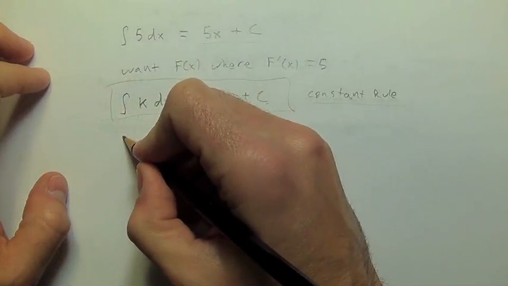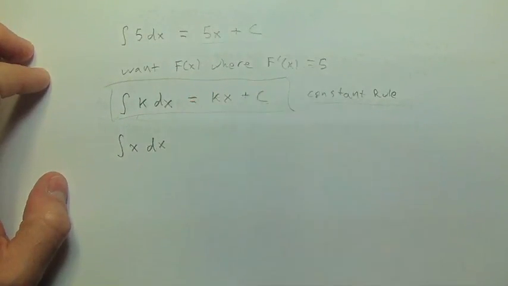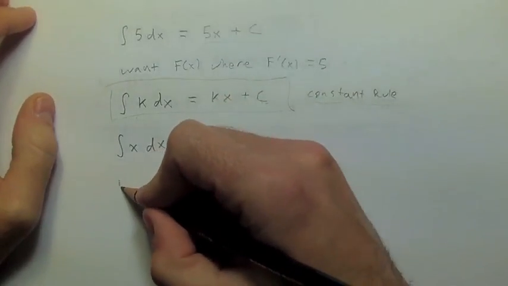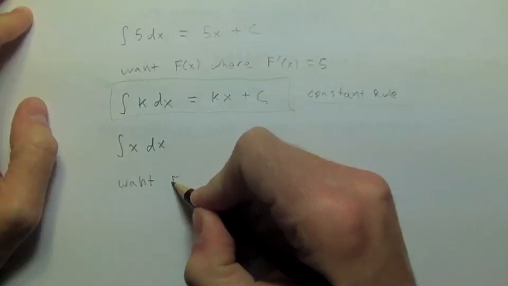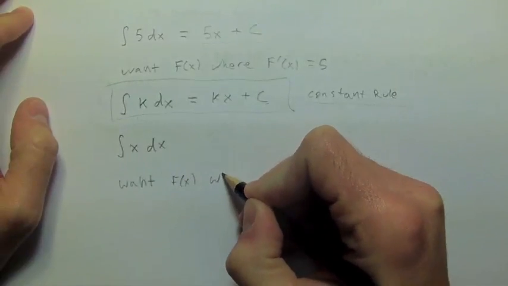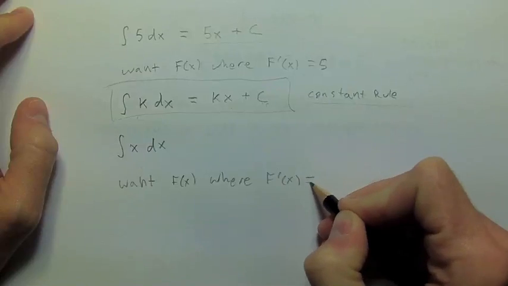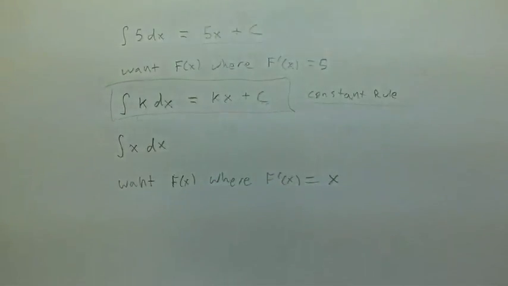Okay, let's try the integral of x dx. Remember, this is always asking a very specific question. We want capital F of x where F prime of x will be x. Give that a think.